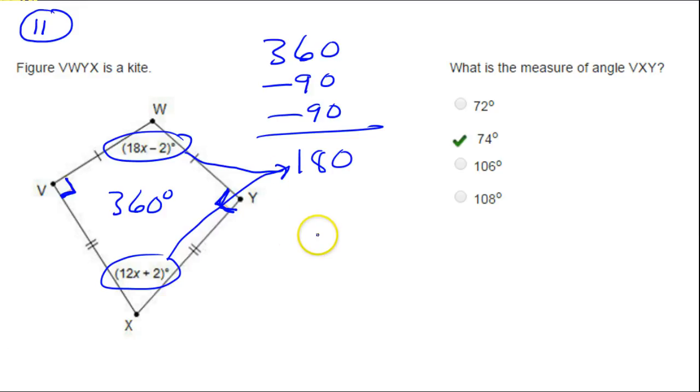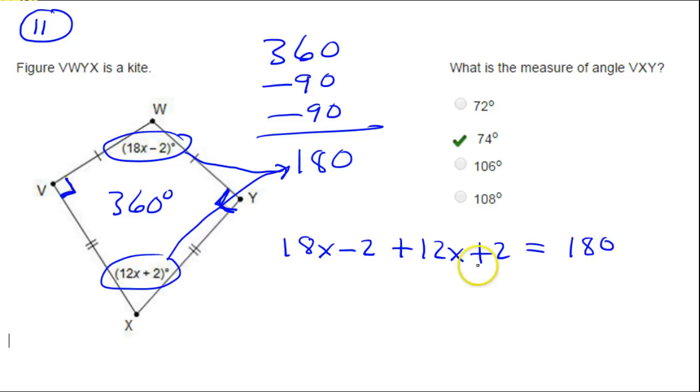Okay, so let's figure that out. That means that 18x minus 2 plus 12x plus 2 has to equal 180 degrees. Do you understand what I've done so far? Okay, so solving this is like normal. So this will be 30x.